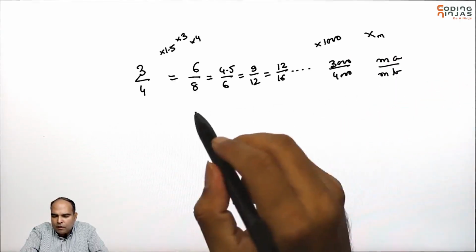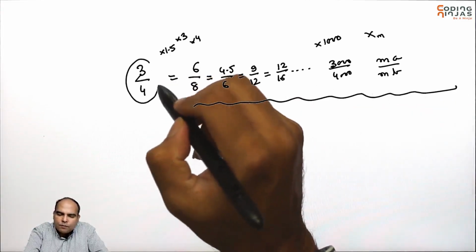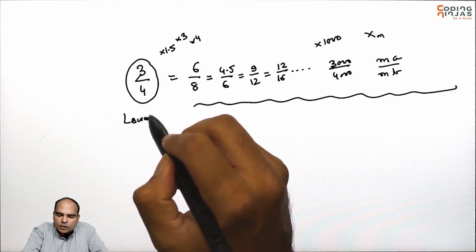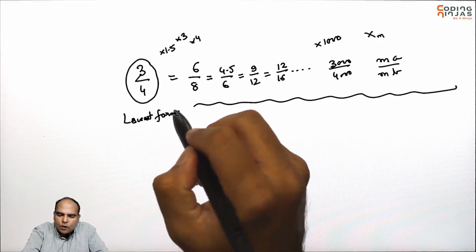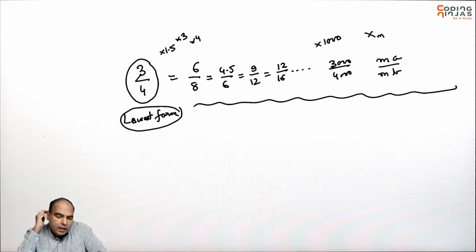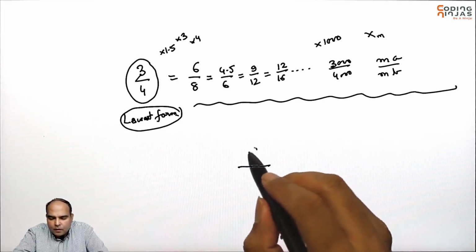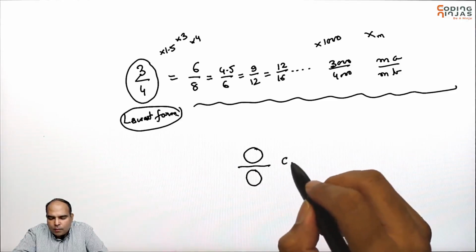So there are infinite ratios that have the same basic value that this least form of the ratio has. And the situation at which the lowest form of the ratio gets created will have one particular property, that is, the number in the numerator and the number in the denominator should become co-prime.